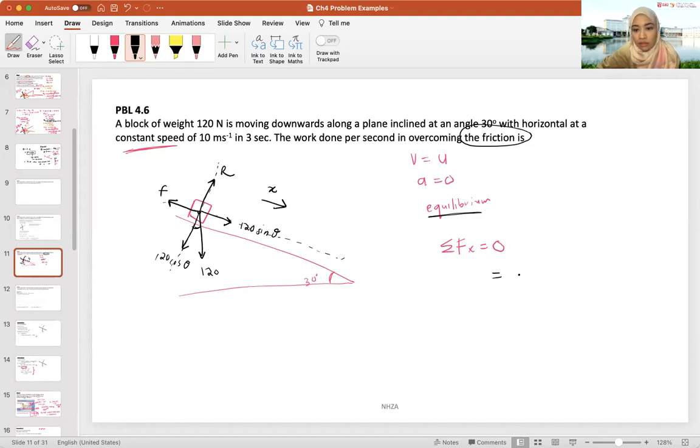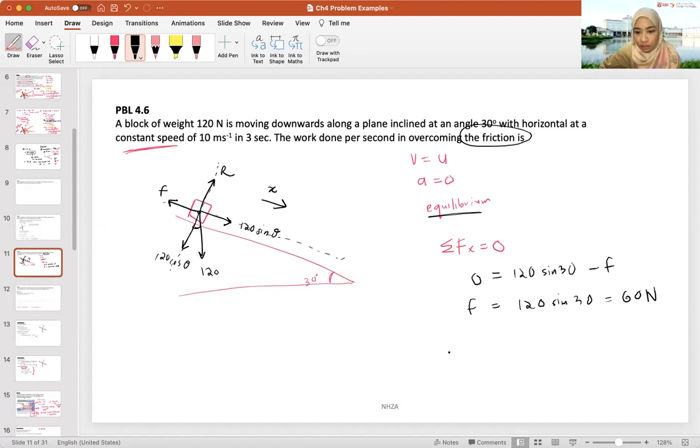I have 120 sine 30 in this axis minus friction, and this should be equal to 0. So friction is equal to 120 sine 30, or 60. 60 Newton. So your friction is 60 Newton, but I still don't know what is my work done.